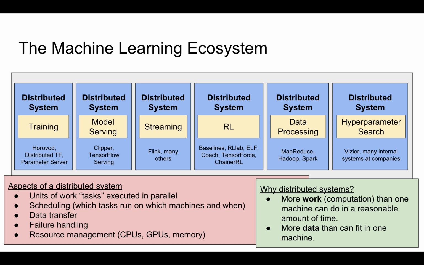At some core level, if you're dividing work among a bunch of CPU cores or among different machines, you need to divide the work into units of work, which we'll call tasks, and decide which tasks get assigned to which machines and which cores on those machines, and when all of these tasks run. If some are going first and some are going later, are there dependencies between these tasks? That process of dividing the work up between the different machines is called scheduling.